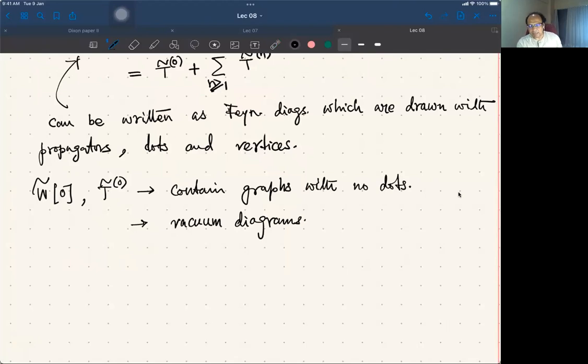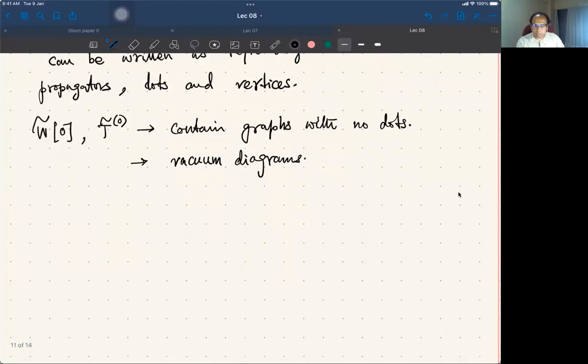We didn't see these diagrams before, but now we seem to be having them. For example, you just apply your imagination. We don't have to actually, because we have discussed such things in the worldline argument, that a phi cube will look like a 3 vertex. So if you have a phi cube term in the Lagrangian, then there's a 3 vertex with which you can write a vacuum graph like this.